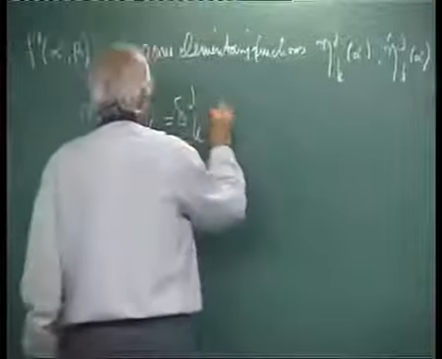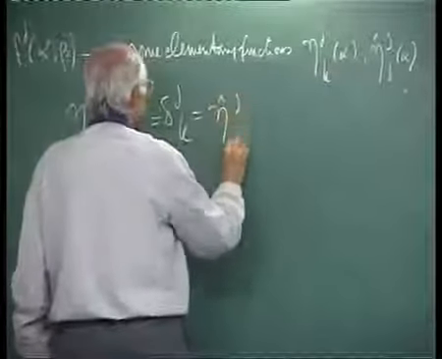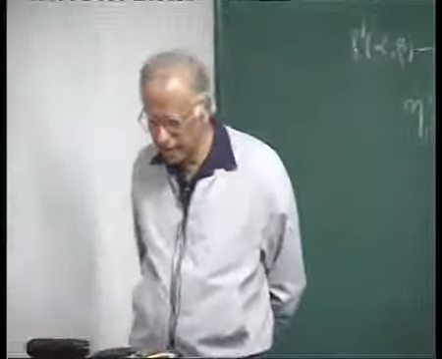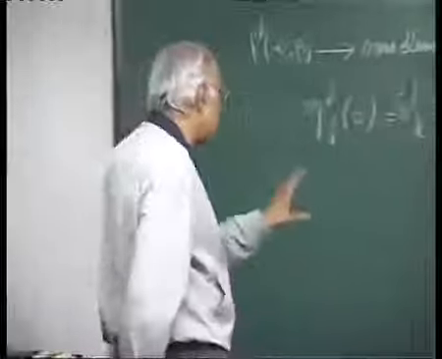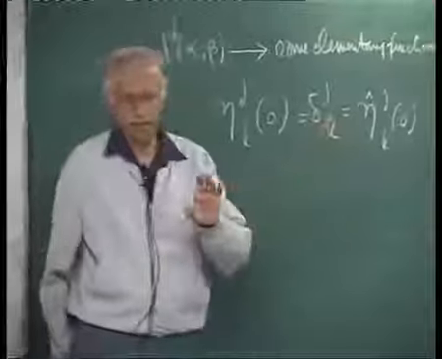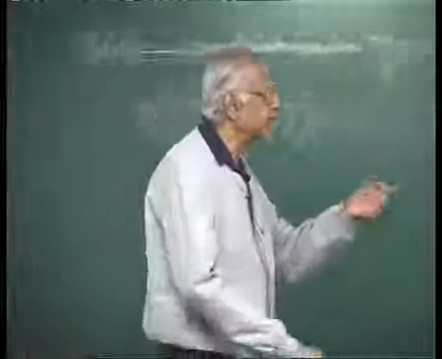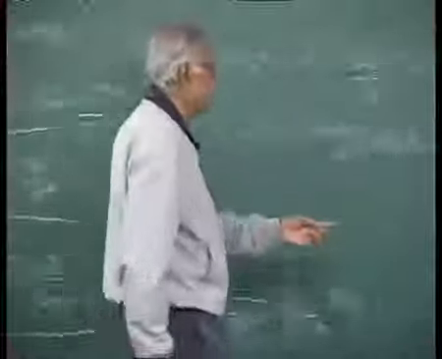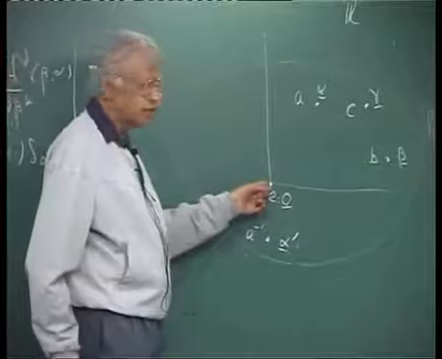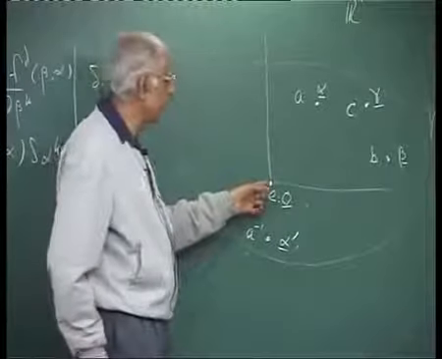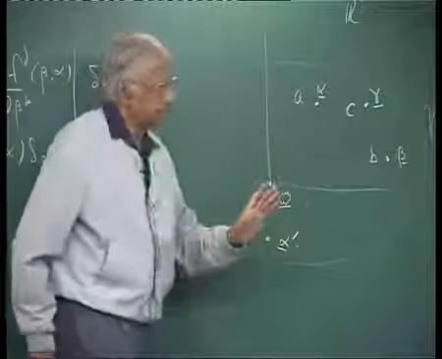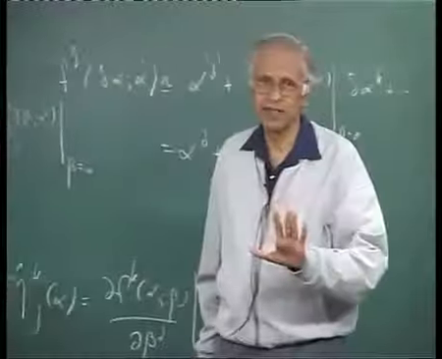So, at the identity, we know in advance that these functions eta and eta roof, which should be thought of as matrices of functions, they both reduce to the unit matrix. At the identity, here eta is a unit matrix, eta roof is a unit matrix. By continuity, we will therefore assume that in some neighborhood of the identity, they remain non-singular.